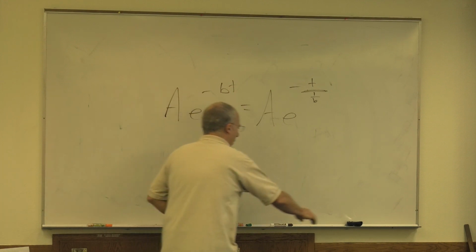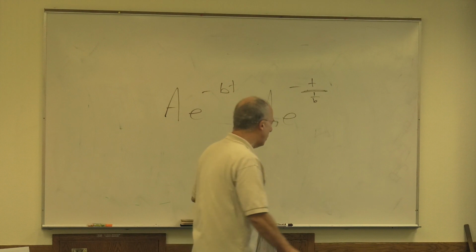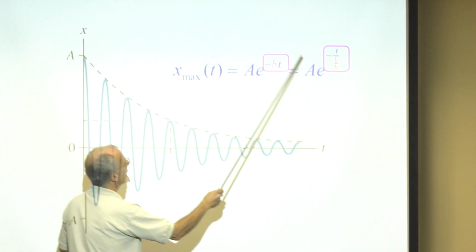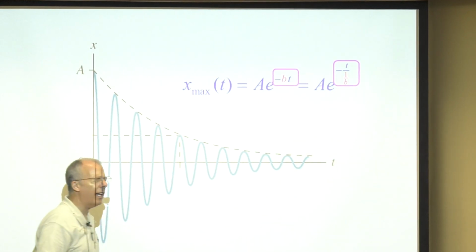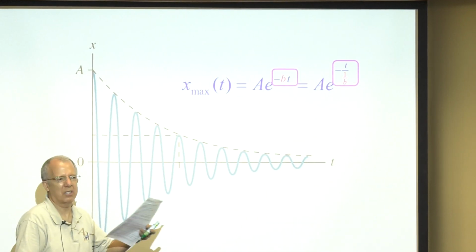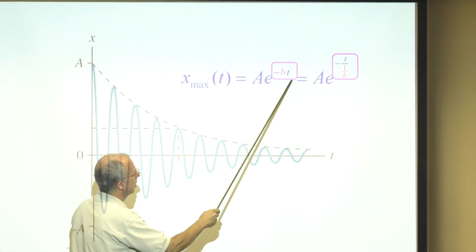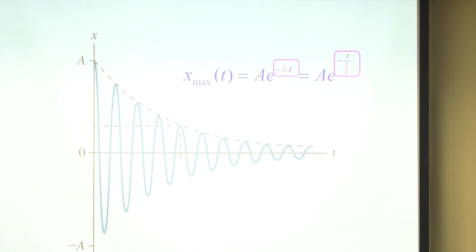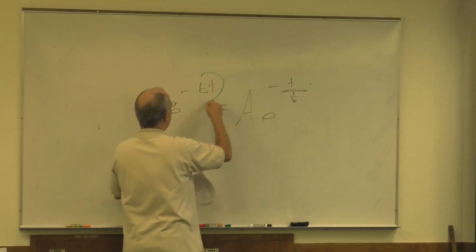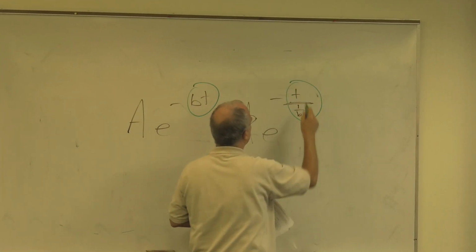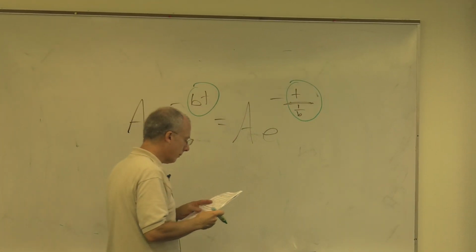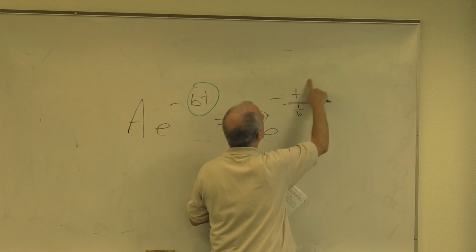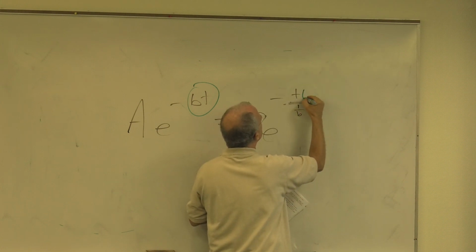Now, what are the units of this exponent? You can't have an e to the kilogram or to the second. These are unitless. So this here has no units. This here has no units. T is in seconds.